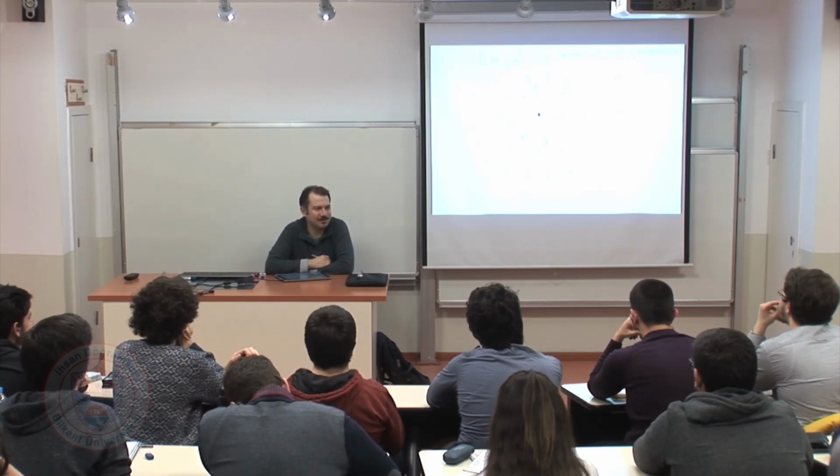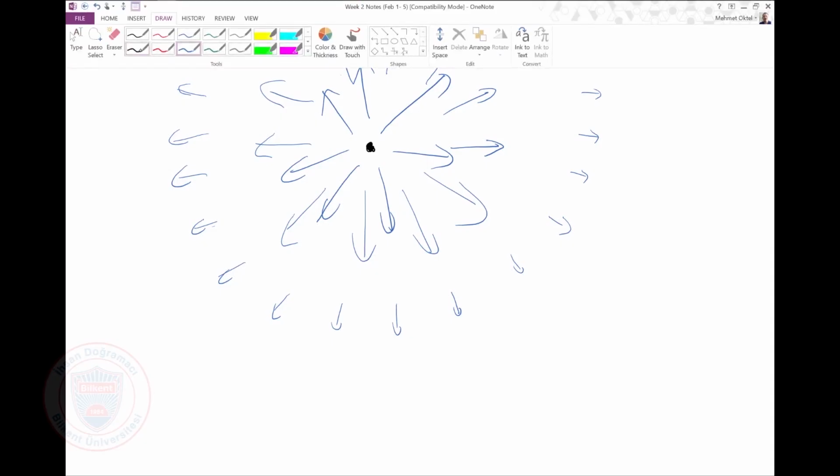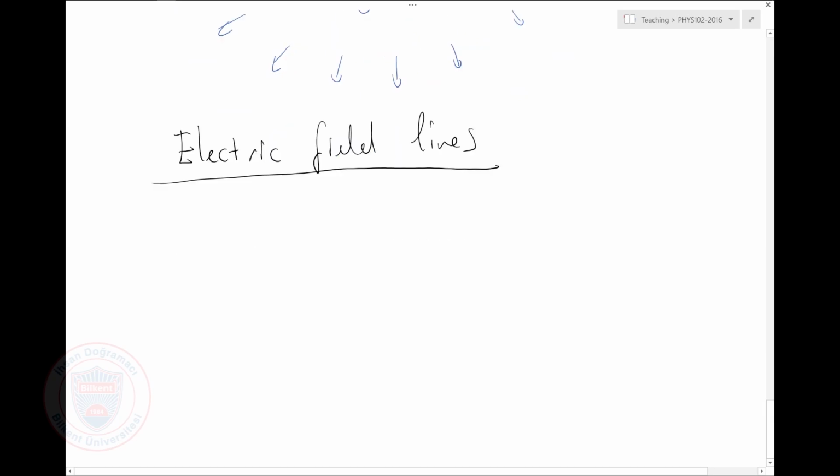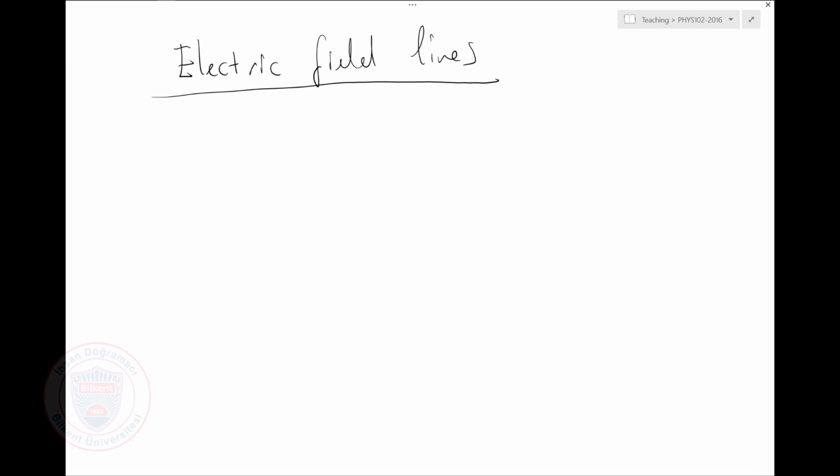All right. So people did come up with other methods of visualizing the electric field. And let's talk about one of them. Let's talk about electric field lines. And these are going to be much, much easier.